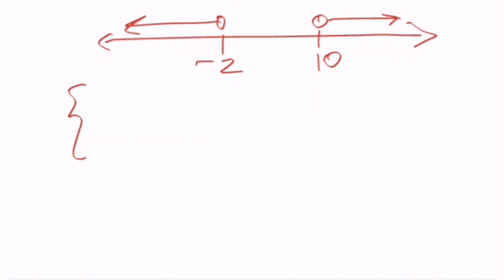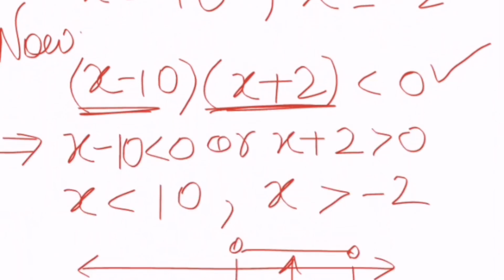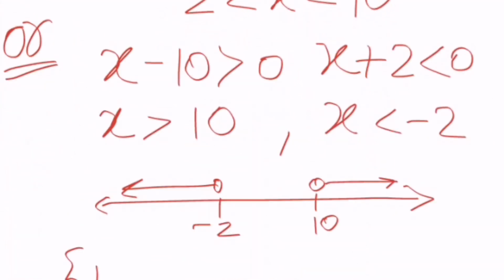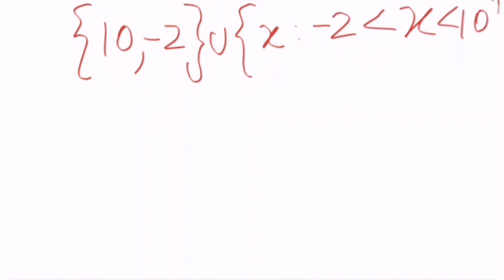By solving the inequality we saw one of the numbers was 10. The equation part of the inequality gave us two values, 10 and minus 2. So one of the values is 10, the other is minus 2. While solving the inequality we reached x such that x is greater than minus 2, less than 10.